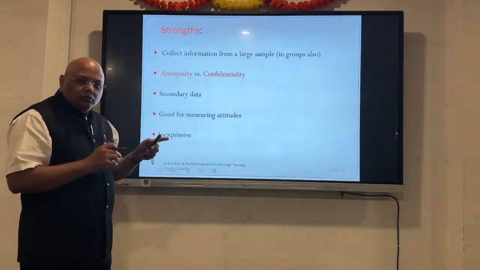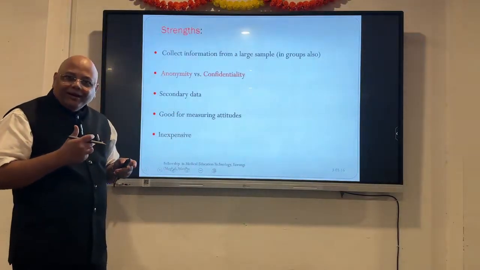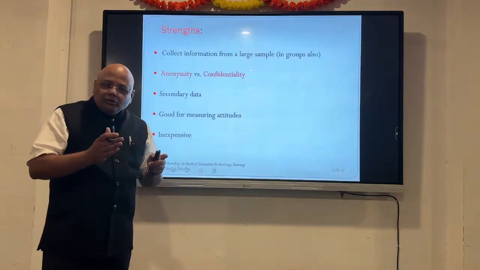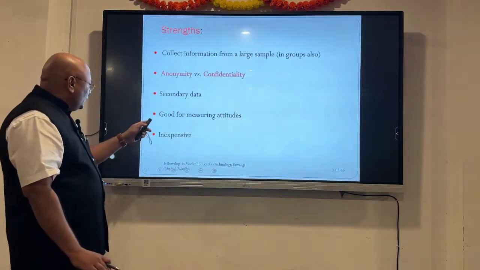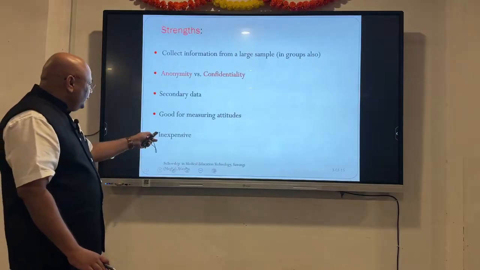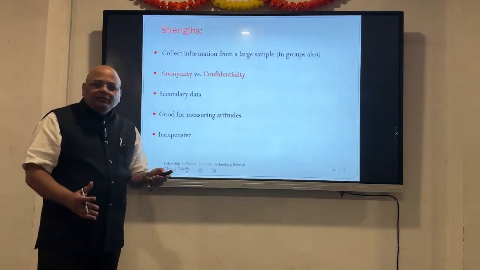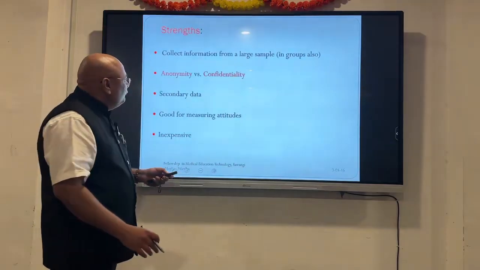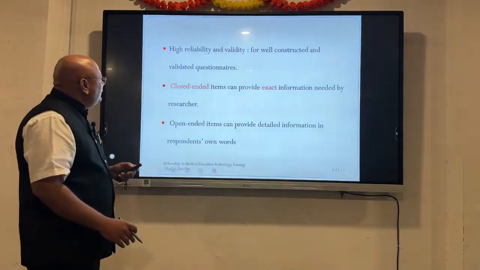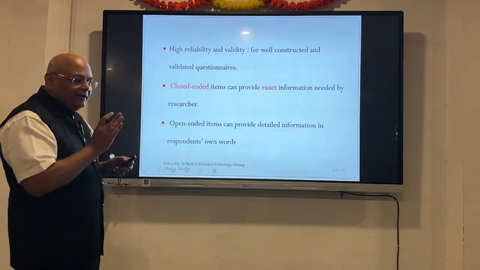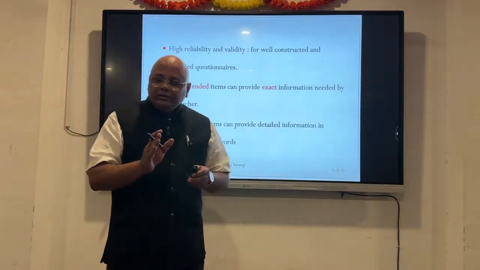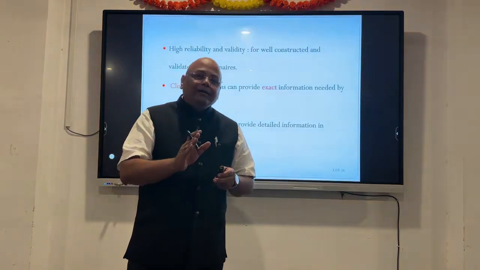A survey also generates secondary data because that data can be stored and used by somebody else. It is good for measuring attitudes, and obviously inexpensive, especially the electronic survey, which comes very cheap. It has high reliability and validity provided the instruments are well certified and validated.